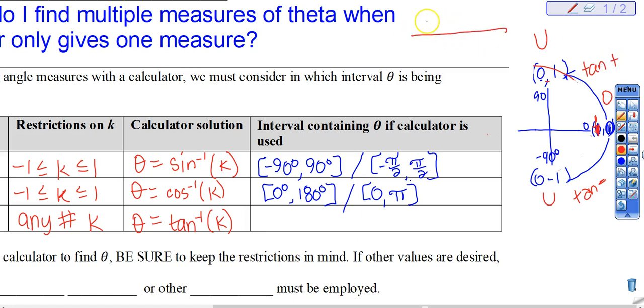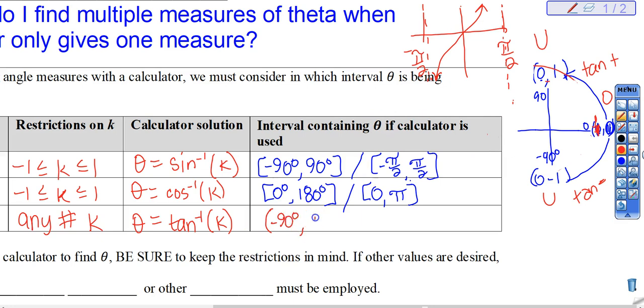So if I were to graph between negative pi over 2, or negative 90 degrees, and positive pi over 2, or positive 90 degrees, my tangent function would approach those values of negative pi over 2 and pi over 2, and it would span from negative infinity to positive infinity, all of the values of k in that little section of the graph. So the interval containing theta for the calculator is also going to be like the sine function.